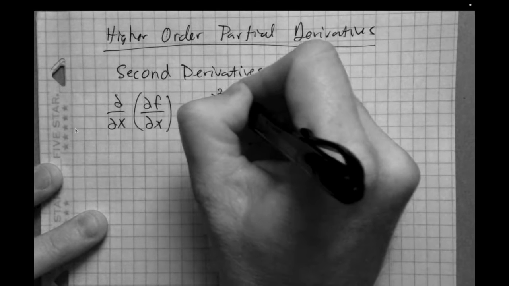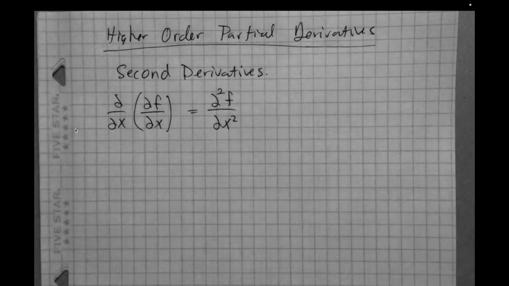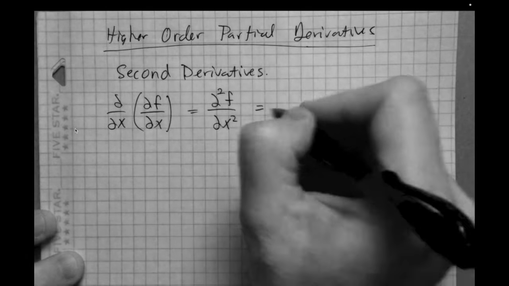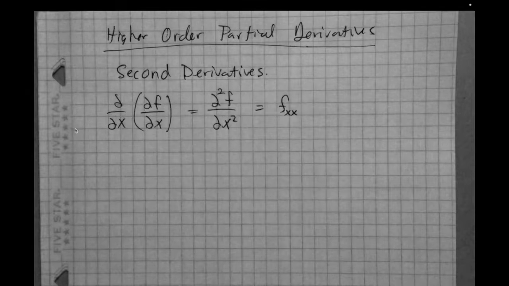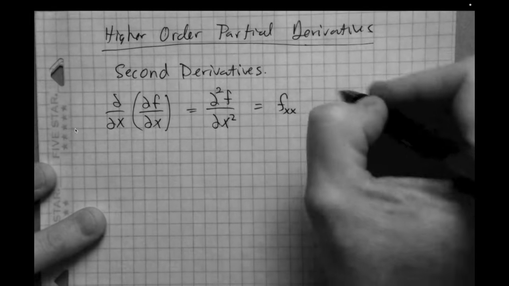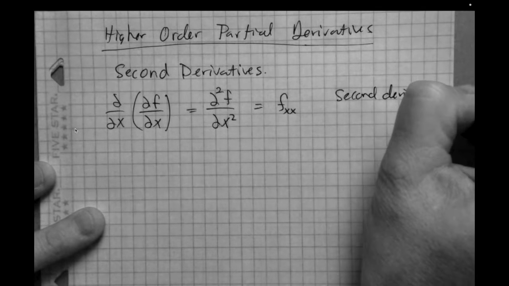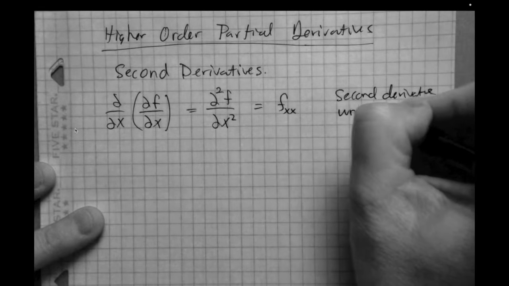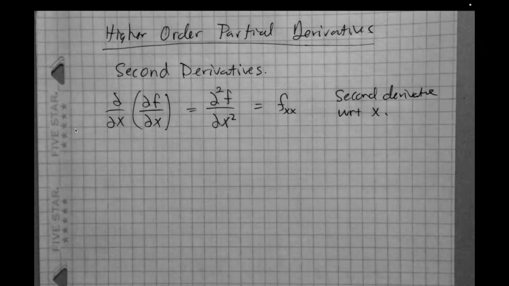And it's notated like this frequently. Another way to write it, pretty common, is f with double x subscripts, like that. This is the second derivative with respect to x. Basically just do it twice, just like with a regular derivative.